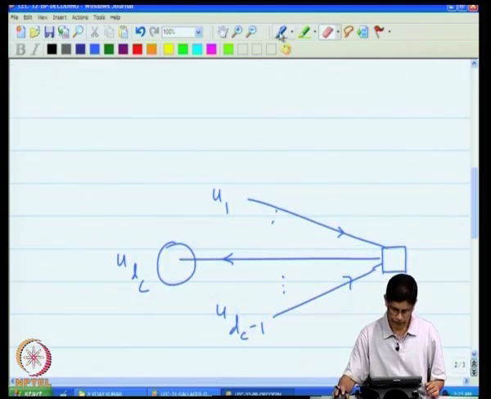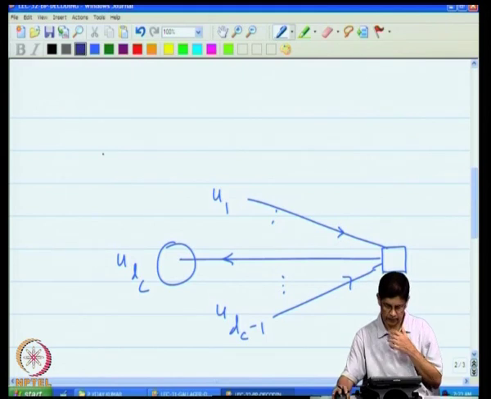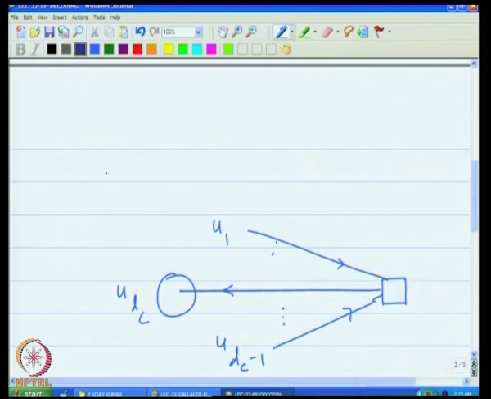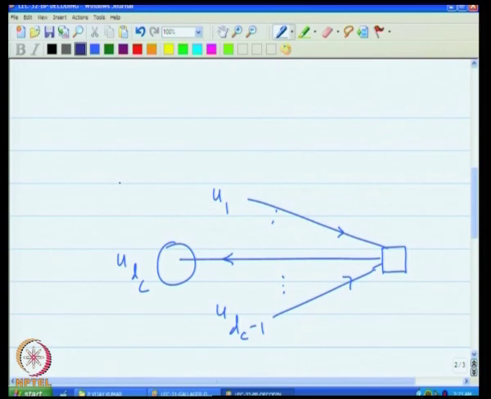So, we are now looking at a check node, and let me introduce some notation here. Let us say that the message that is actually being passed here, so we already have a symbol for this, U1. So, maybe let me change that to something else here.